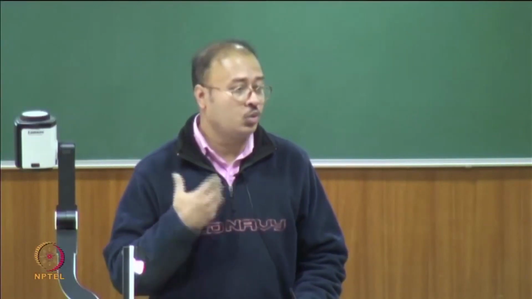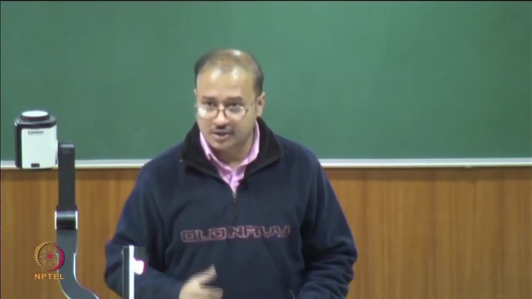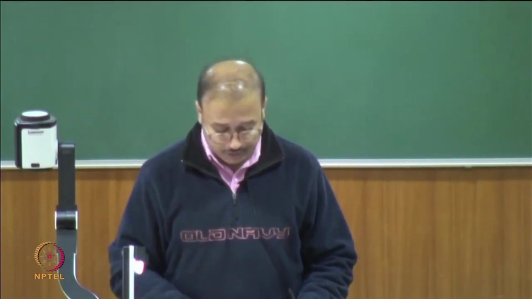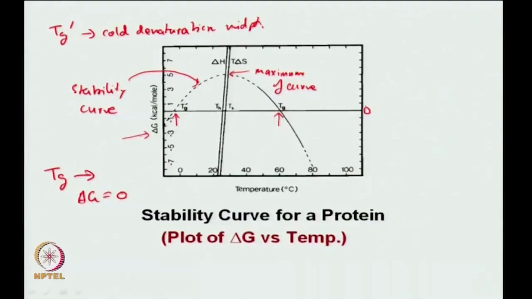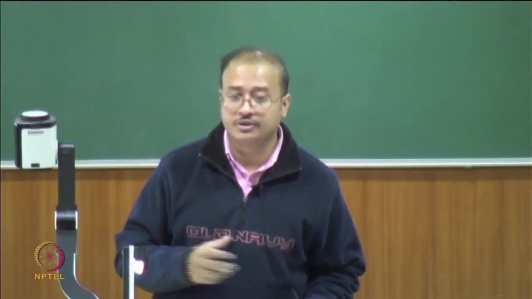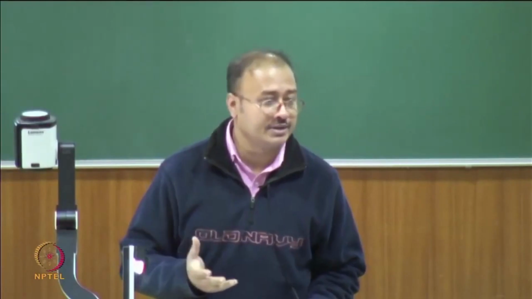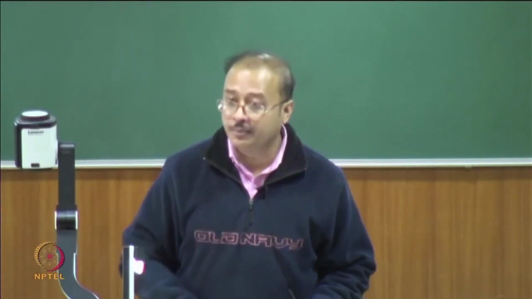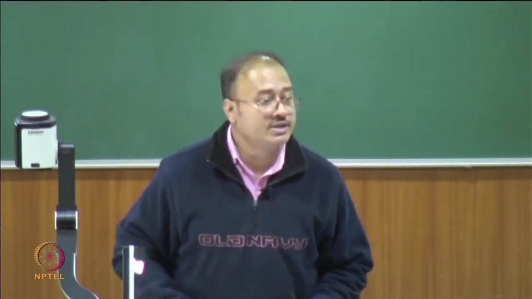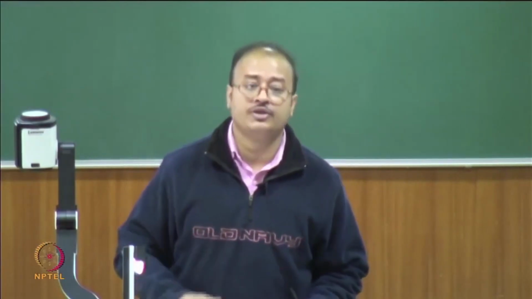What I mean by midpoint will be more clear in just a few minutes, but the more important thing is that there are 2 points. We know that when we heat a protein up, it has to denature. That means you destroy all the stabilizing interactions and you start opening up. So, one of those points is Tg, which is the heat induced, that means the increase in the temperature.